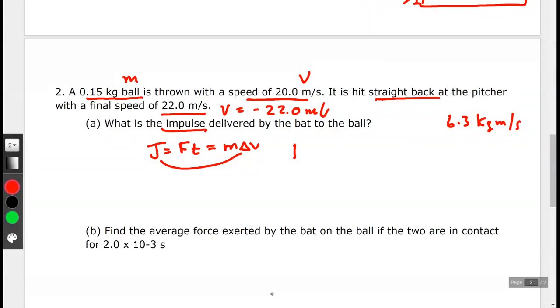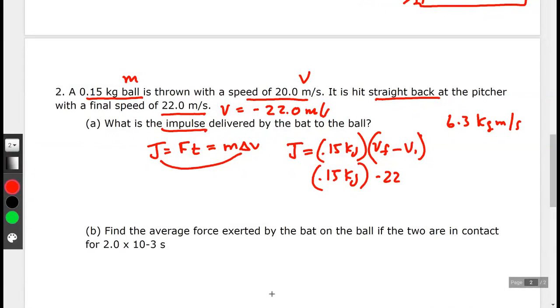Because we have a mass of 0.15 kg, and a change in velocity, that's Vf minus Vi. The final is negative 22.0 meters per second because it goes in the opposite direction.